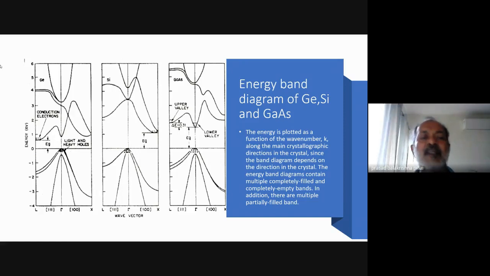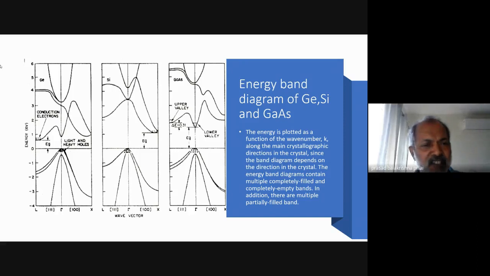So similarly, when we say direct and indirect, it will have a direct implication on their electrical properties that we will be seeing later. So right now we need to understand that silicon and germanium are indirect band gap semiconductors, and gallium arsenide is a direct band gap semiconductor.